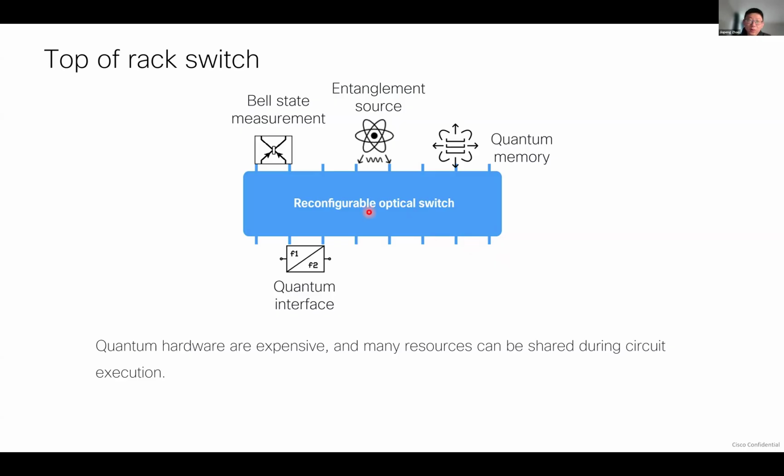In our case, we want to hook up all the Bell state measurement, entanglement source, quantum memory, and quantum interface card onto our reconfigurable optical switch. It is also worth mentioning that even though this switch looks only available for the switch-centric topology, we also show that this design can help the server-centric topology as well.